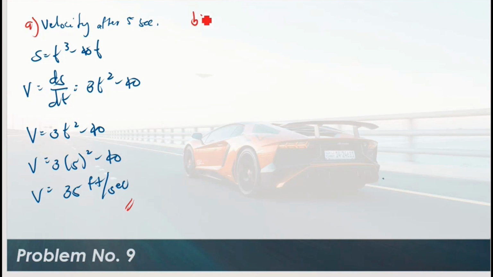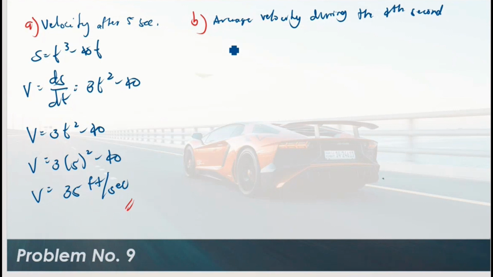Okay. So in letter B, we are asked to find the average velocity during the fourth second. That means in between after 3 seconds and after 4 seconds.